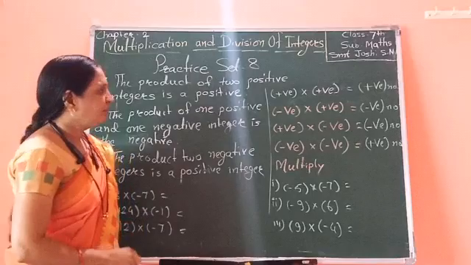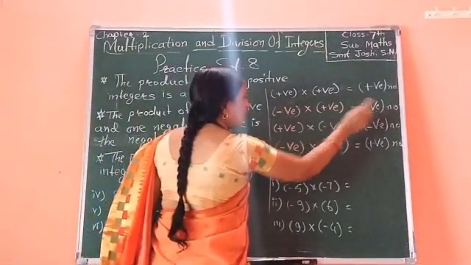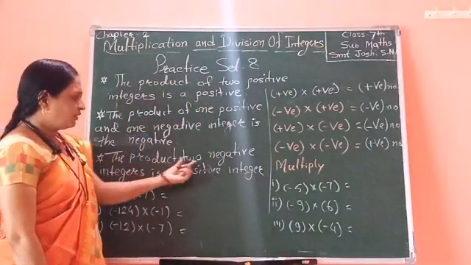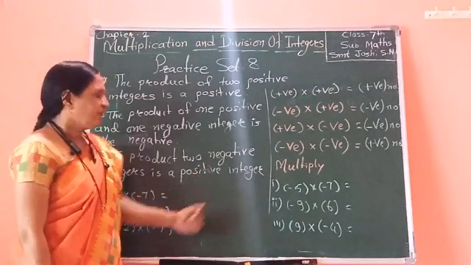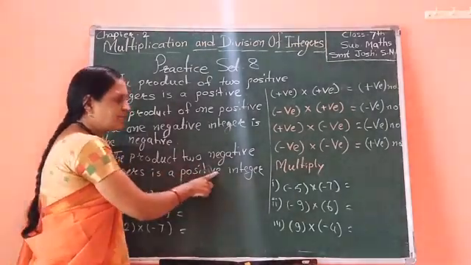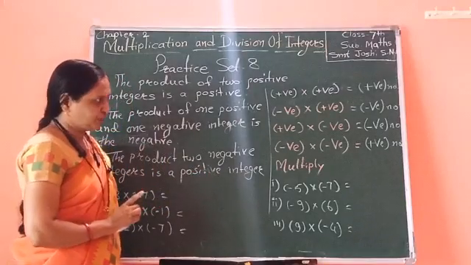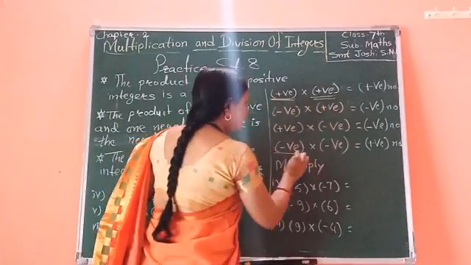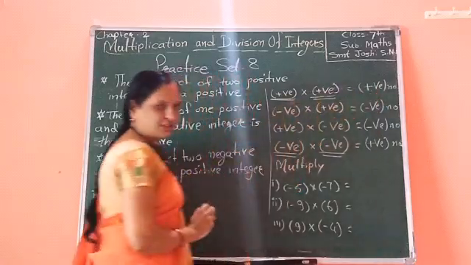The product of one negative and one positive is a negative number. The product of two negative integers is a positive integer. When the given two numbers are negative numbers, then the product is positive. Remember, when the given two numbers are positive, the product is positive.